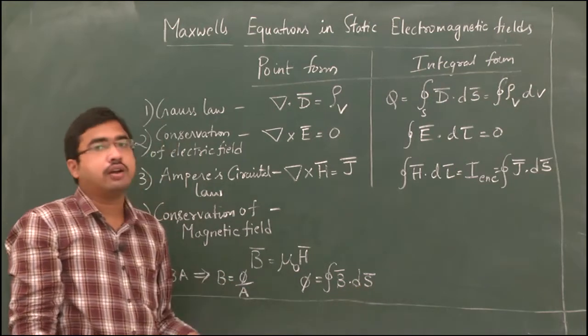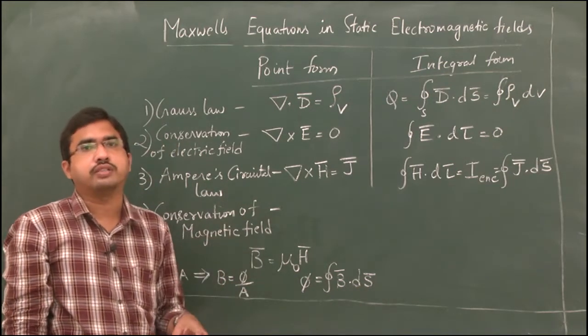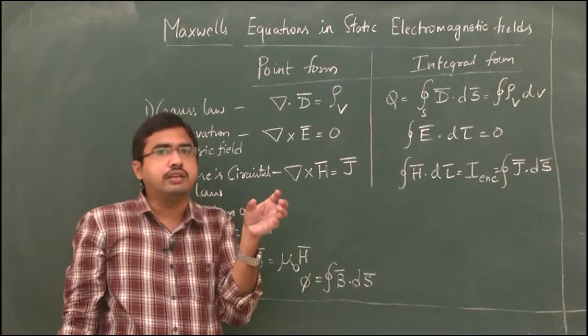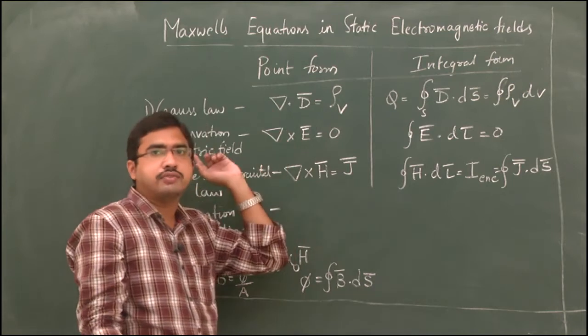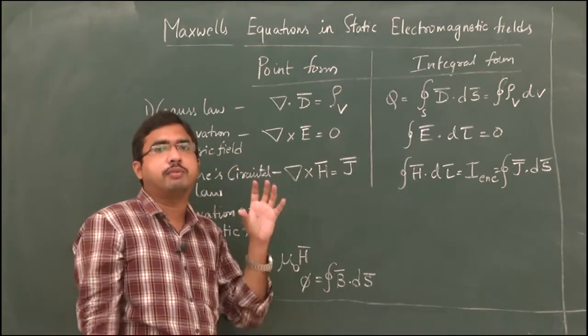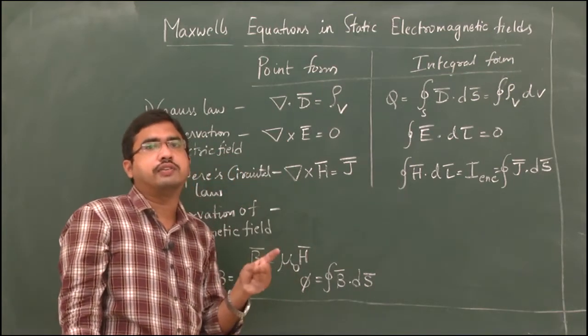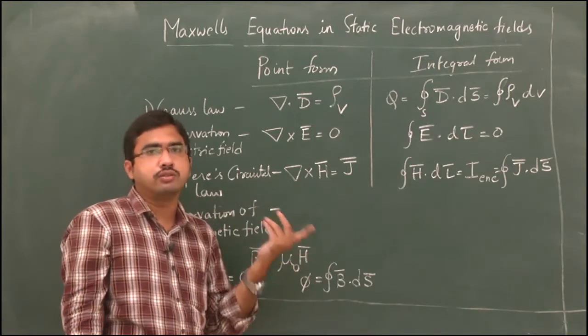If at all you are considering a closed surface, that means a single monopole for that closed surface, similarly as we have stated in electrostatics, what is meant by conservative field? The potential difference for a closed surface is equal to 0.